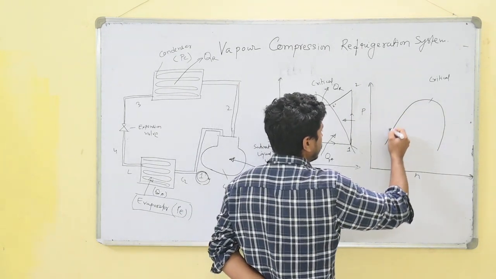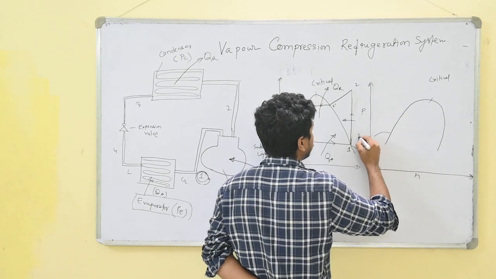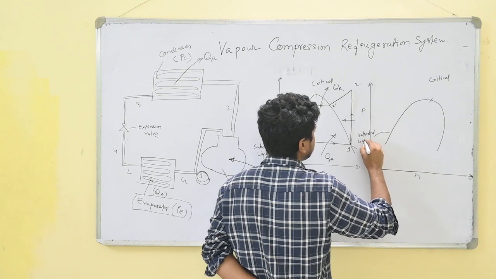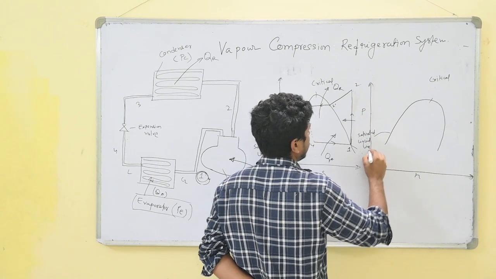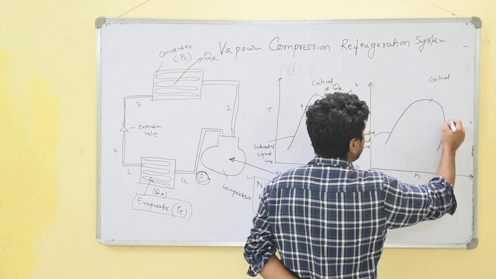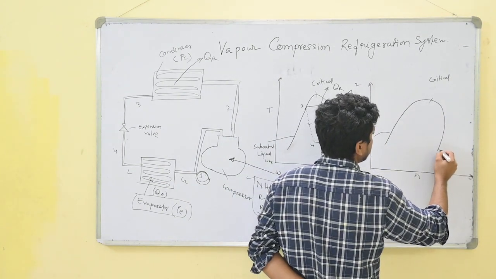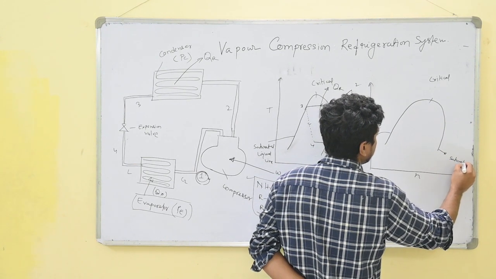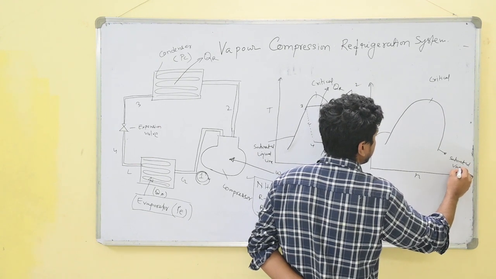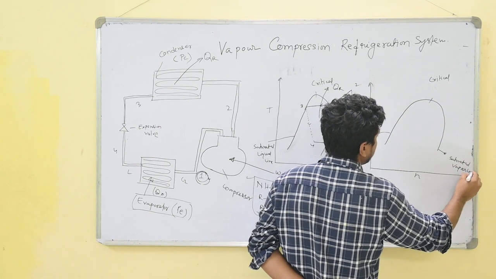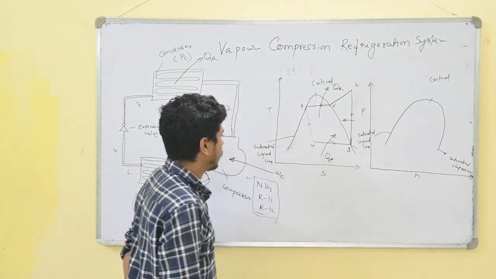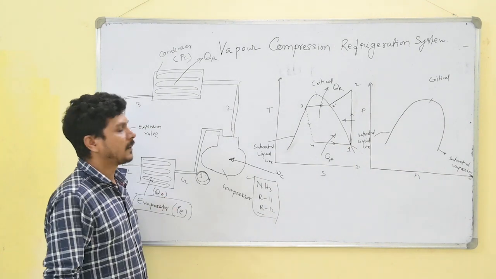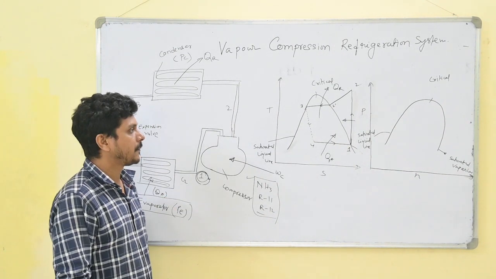This whole line is called the saturated liquid line, and the line right of the critical point is called the saturated vapor line.